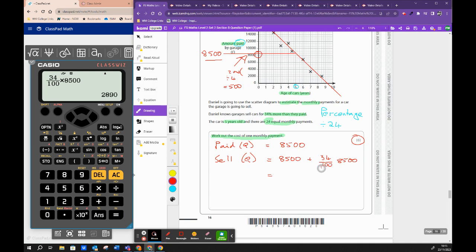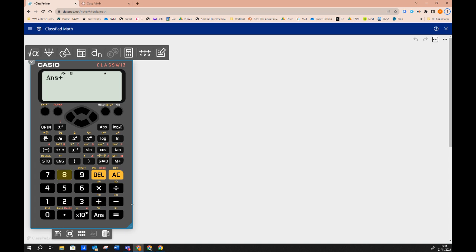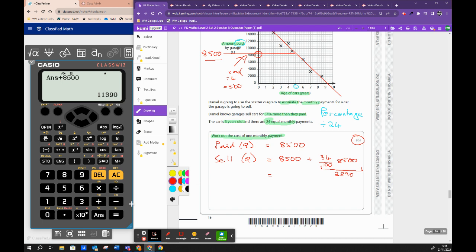Okay, so this bit here, my 34% is 2,890, which I'm going to add on to my 8,500. So that's what the garage is going to sell it for, 11,390. These are pounds, by the way, so let's put in a pound sign there.